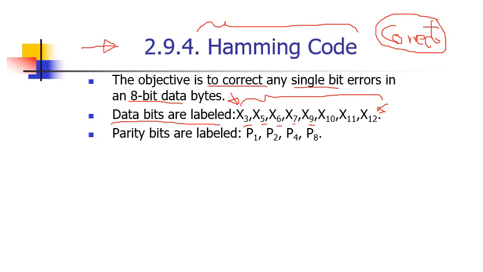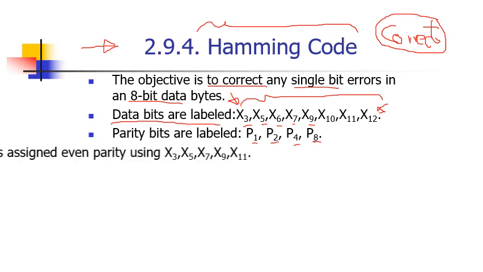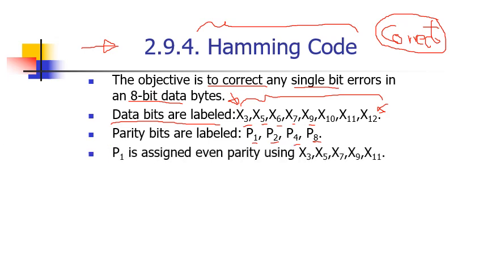We label them P1, indicating 2 to the power 0, then P2, 2 to the power 1, then P4, 2 to the power 2, then P8, 2 to the power 3. Good. And we assign some number of bits from your original message with each of these parity bits.